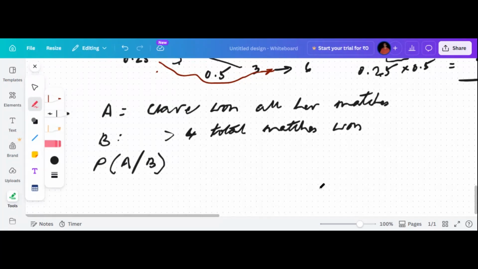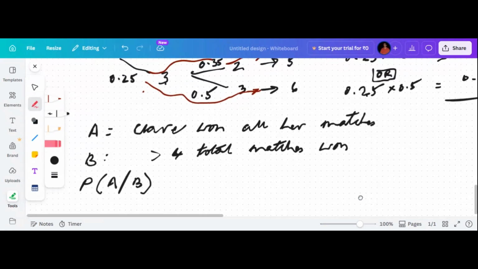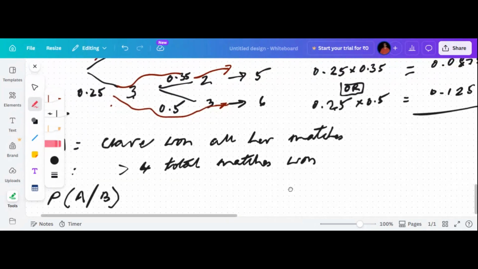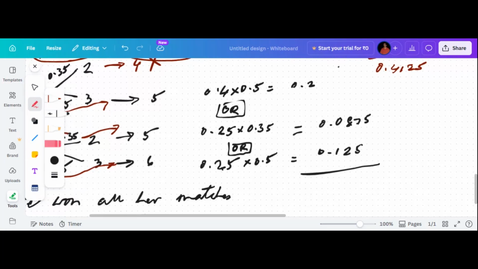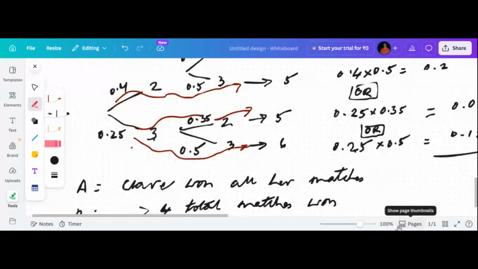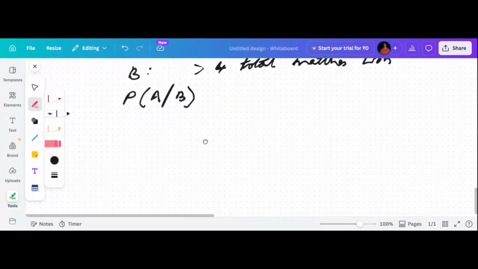Now, looking at the decision tree, I think I'll draw the tree once again.